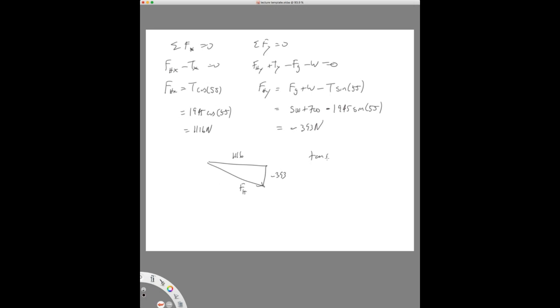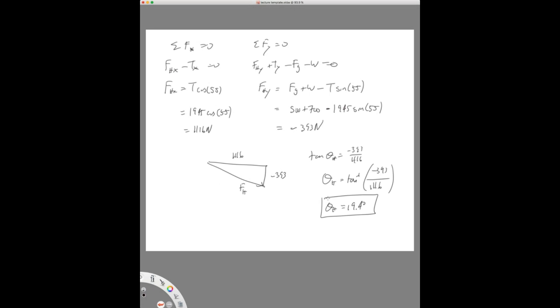So to find the angle, the tangent of theta would be minus 393 over 1,116, and so theta hinge would be the inverse tangent of the y component over the x component. This is minus 19.4 degrees.